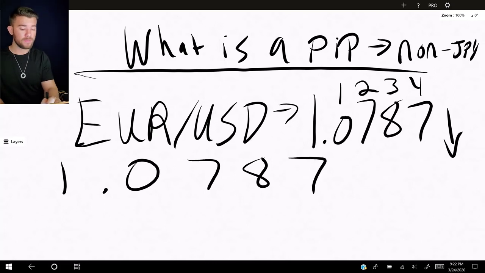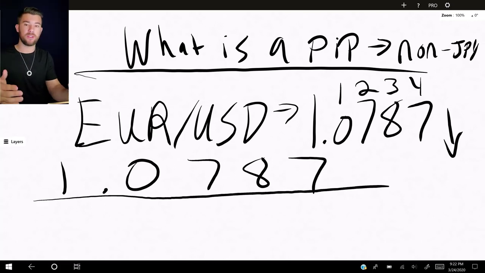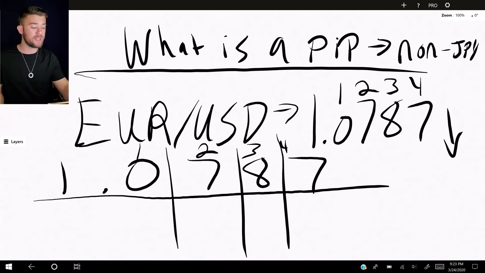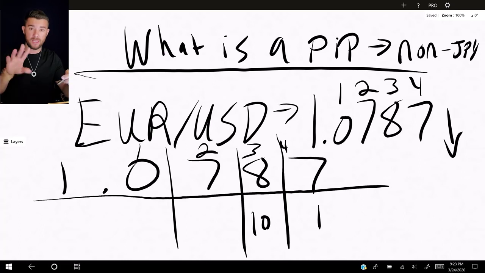If I count my numbers, 1, 2, 3, 4th decimal place is a pip. I like to look at it like this. This is our ones, meaning every time this moves, it's going to be 1. This is our tens. Every time an 8 goes up or down, in this specific case, that's going to be tens. And this is our 100s.